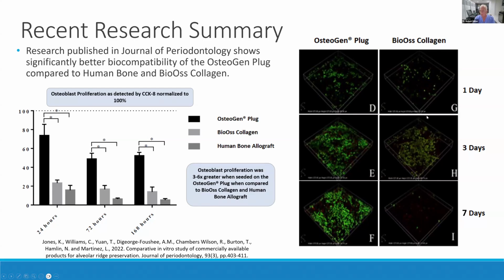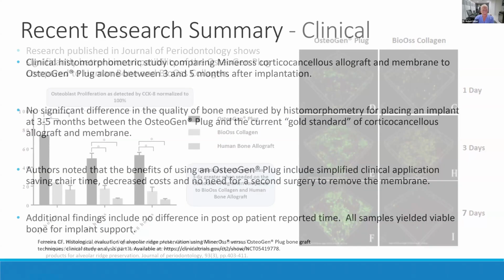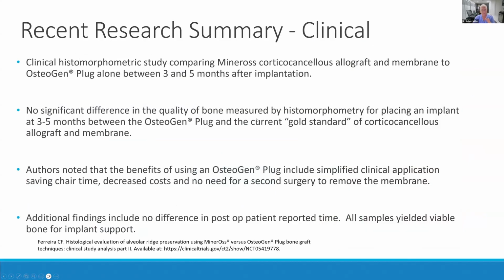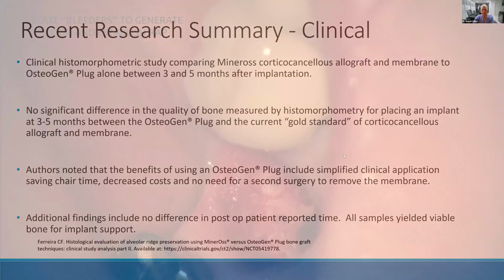This is xenograft, very poor cell migration and proliferation. And at up to 7 days, look at cell migration and proliferation on this material, as opposed to bovine collagen. So we look at the research summaries. We look at this compares favorably or outperforms most of the graft materials on the market today.